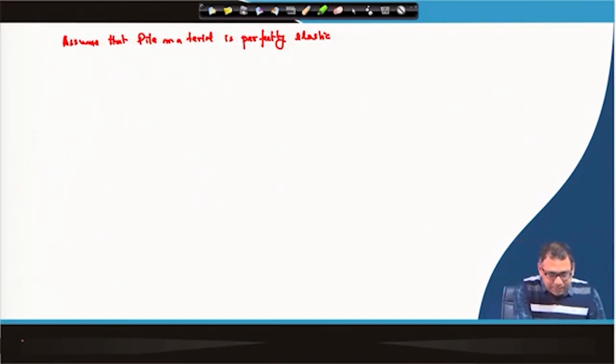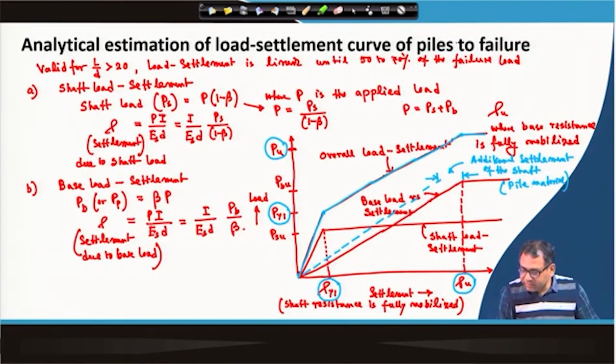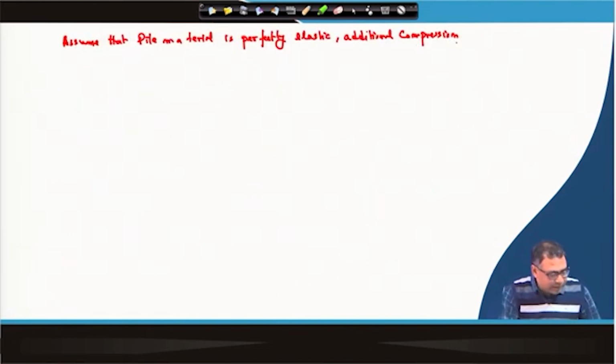Then we can write the additional compression, or additional settlement, of the shaft or the pile material.